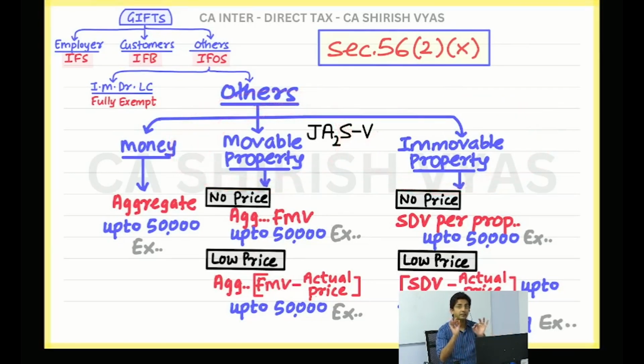If that item is stock in trade, for example, I have a jewelry shop, Shirish Vyas Jewelers, and in my shop I have got a lot of gold and silver necklaces, etc. Now, I got some necklace of 18 lakhs at a price of only 16 lakhs. Cheaper. So 18, 16, what is the difference? 2 lakhs. Looking at 2 lakhs, you will feel it is more than 50,000. Here don't do the 10% thing.